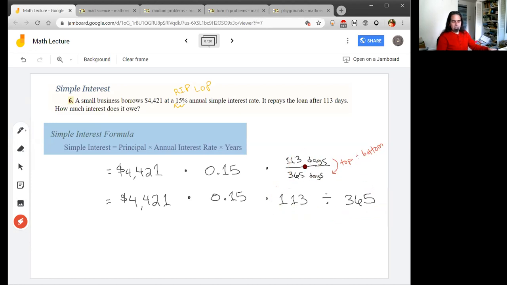If you have a calculator with the fraction key, then this is an okay thing too. Some people don't write this line, and they will just go straight to this one. But I wanted to emphasize that we want to plug in something for years, and this is the fraction of a year that the word problem has. Okay, everyone's brains happy? You write one or the other or both, whatever makes sense to you.